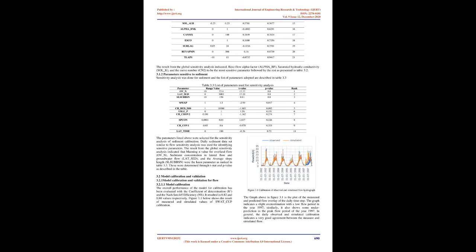The Nash-Sutcliffe simulation efficiency, ENS, indicates how well the plot of observed versus simulated values fits the 1:1 line. The value of ENS ranges between -infinity and 1 (best). If the measured value is the same as all predictions, ENS is 1. If ENS is between 0 and 1, it indicates deviations between measured and predicted values.